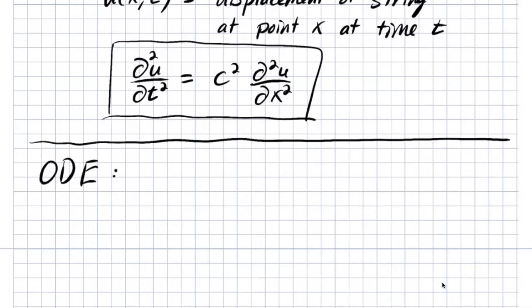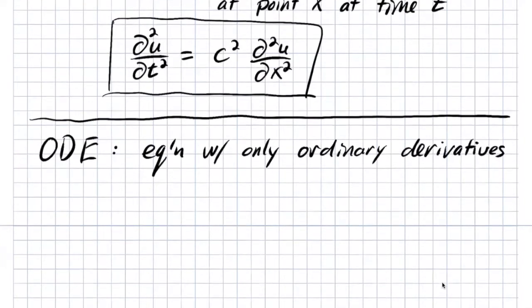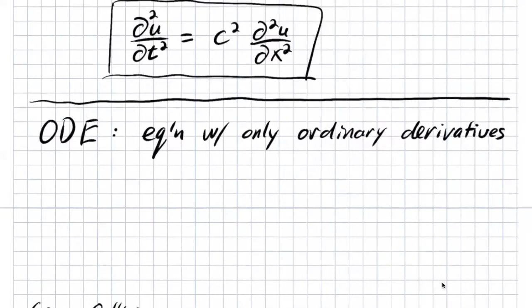This is an equation with only ordinary derivatives. It's really the starting place for talking about differential equations. These are much simpler than the partial differential equations.